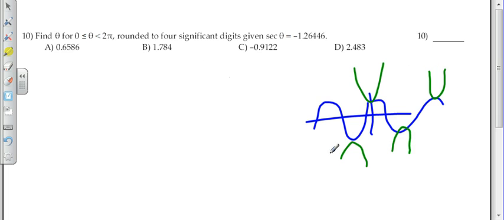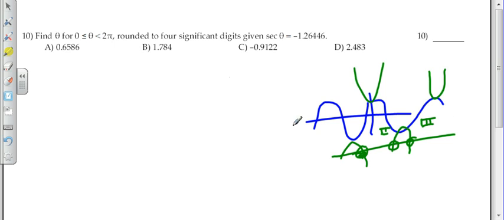So if it's minus something, that means it's going to be down here, and I'm going to have answers there and there. No, 0 to 2 pi. I'm going to have an answer there and there. So this is not an answer that's less than 2 pi. So I'm going to have 2 answers. I'm going to have a second quadrant answer, and I'm going to have a third quadrant answer. So that's what I'm looking for.